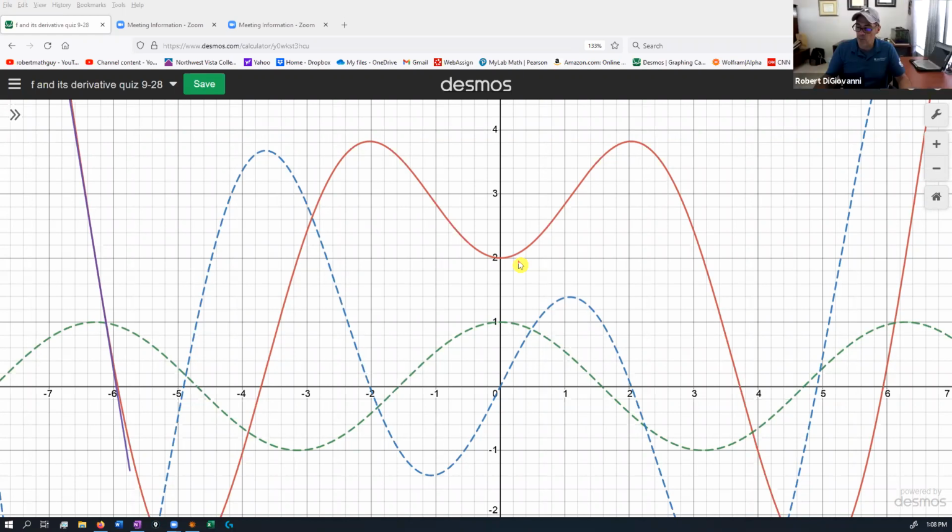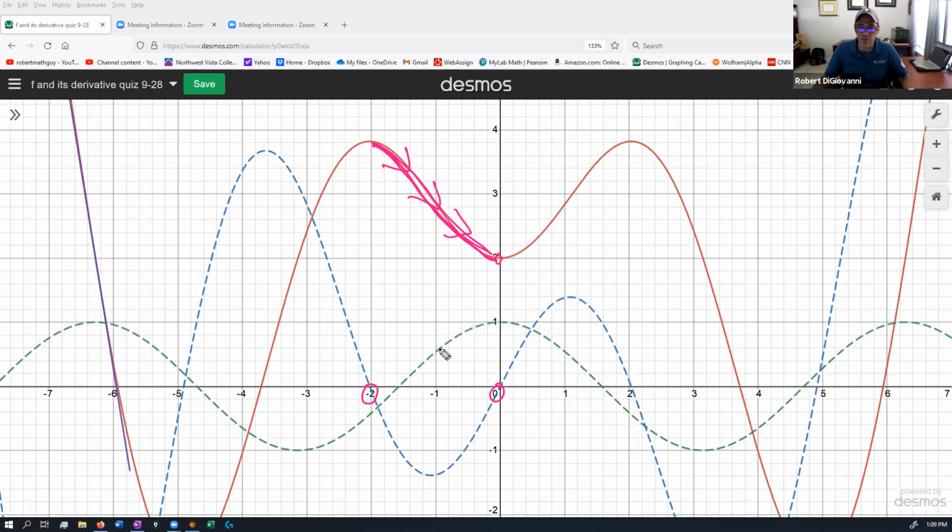Yeah, so what you're saying is what I could have done is this. I could have looked right here, just in this section of this function. From -2 to 0, my original function is going down, which means the derivative would have to be negative, which means it's below the x-axis. You can tell right here the green one is above the x-axis.